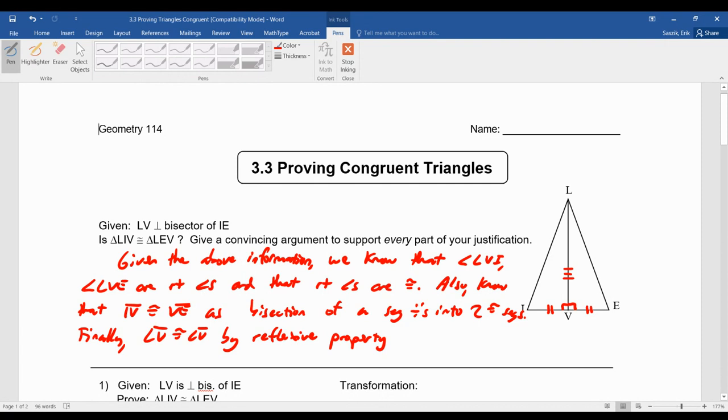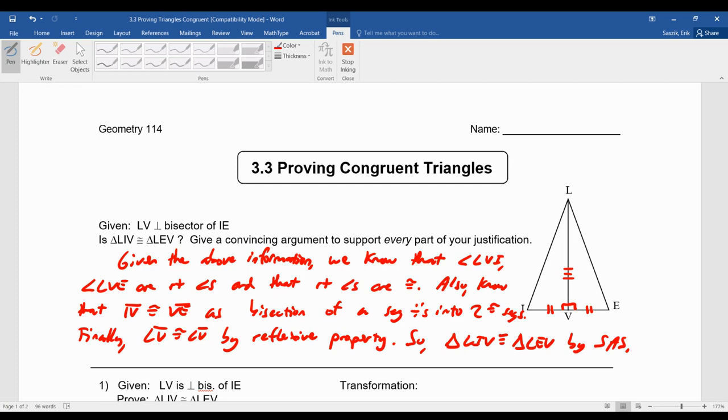Okay, and that's just if something is congruent to itself. All right, it's pretty obvious. So triangle LIV is congruent to triangle LEV by SAS. So that's a proof right there. And we just did that one in paragraph form.